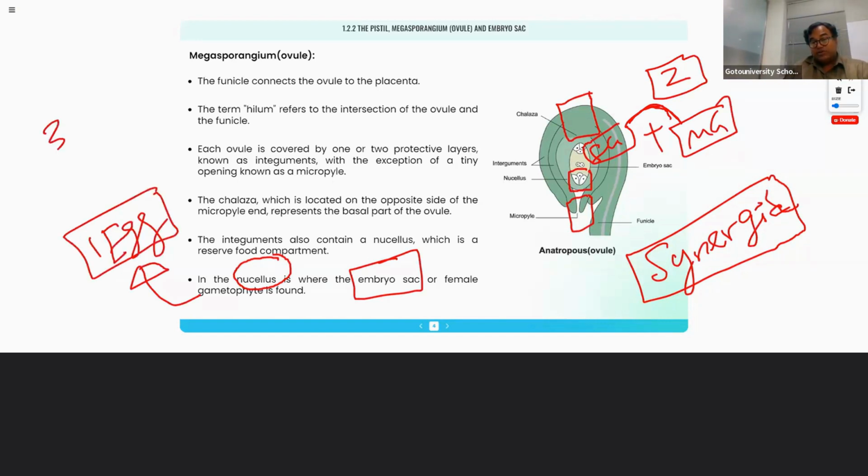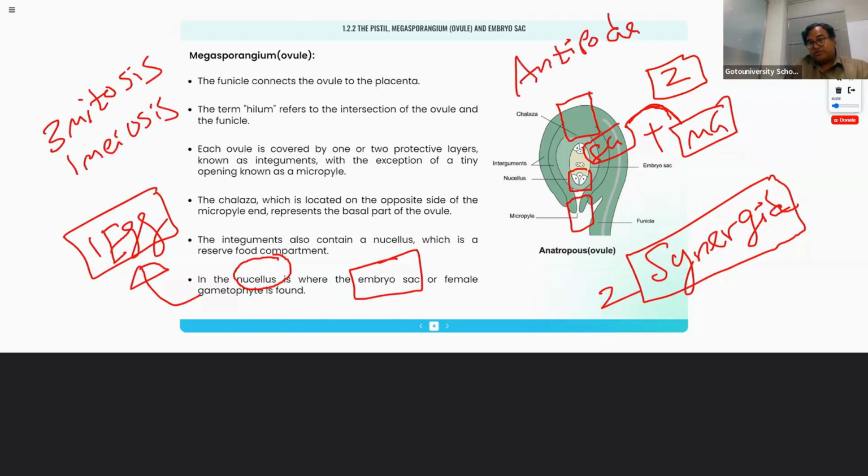I told you 3 mitoses, and I require 1 meiosis process. How many synergids are there inside the micropyle? 2 synergids. How many antipodals are there? 3 antipodals. So for making 3 antipodals, 2 synergids and 1 egg, we require 3 mitoses and 1 meiosis.